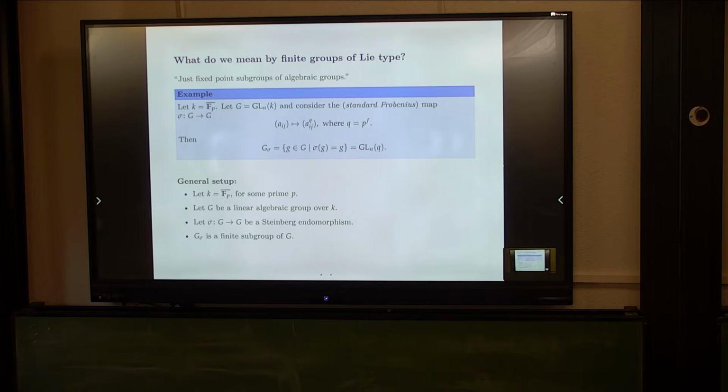Then you take the fixed point subgroup, and that's how I define the groups of Lie type. Also, a nice thing about the Steinberg endomorphism, we've heard it all the time, but I will also refer you to section 22.1 in the nice book written by Malle and Testerman, the Bible, all about the classification of this type of endomorphism.